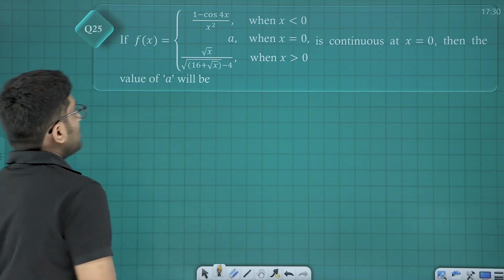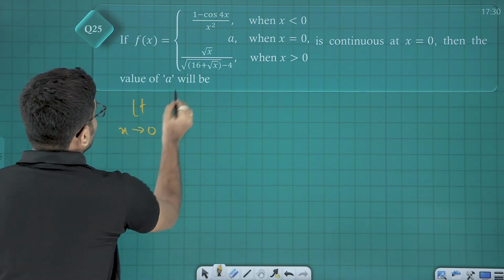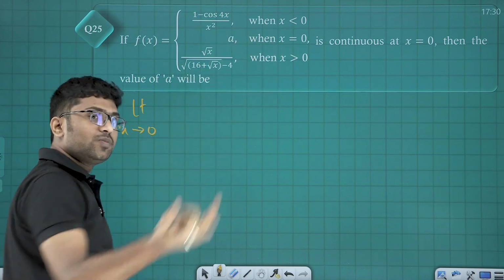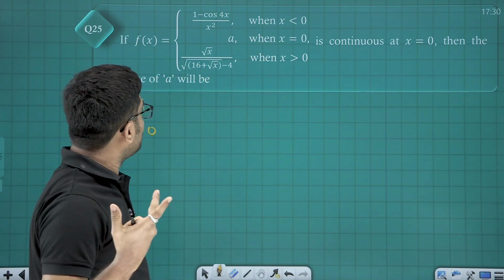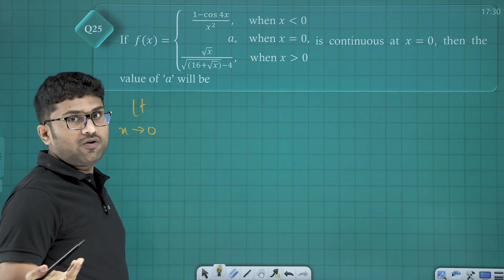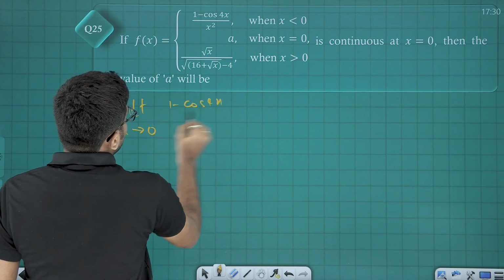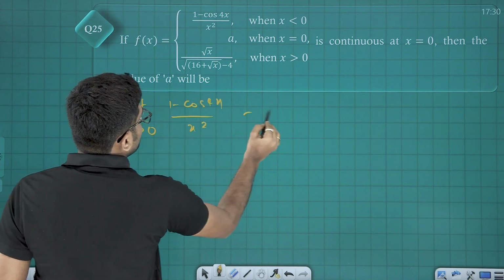Is continuous at x equals 0. Same story again. So limit x tends to 0, LHL should be equal to RHL should be equal to function value. So if it is continuous, LHL will be equal to RHL anyhow, so we'll take only LHL. (1 minus cos 4x) by x square is equal to a.